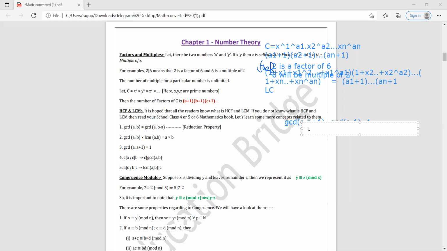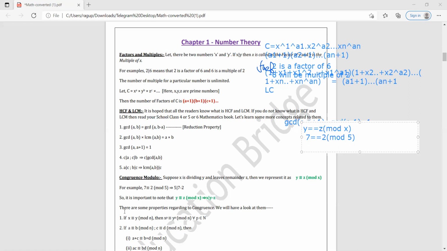So what this sign basically means is that if y is congruent to z mod x, so this sign is basically telling us that x divides y minus z. So for example, 7 is congruent to 2 mod 5 because 5 divides 7 minus 2.